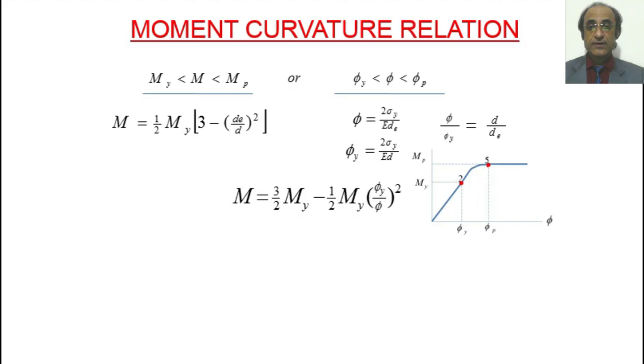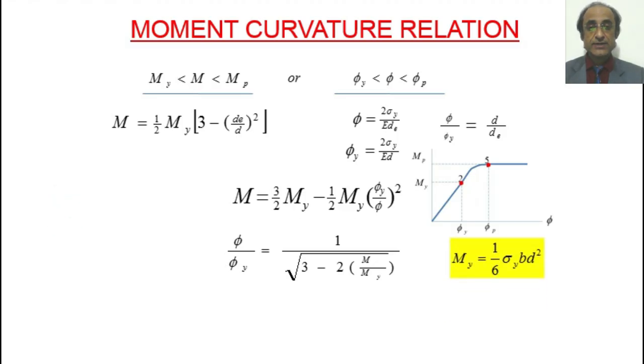So this is essentially an expression for the moment in terms of the curvature. Now we can plot it, and to test it, we write it the other way, in such a way that the moment comes on the right hand side and curvature on the left hand side. For the rectangular section, we know that the expression for the yield moment is this and for the plastic moment is this.